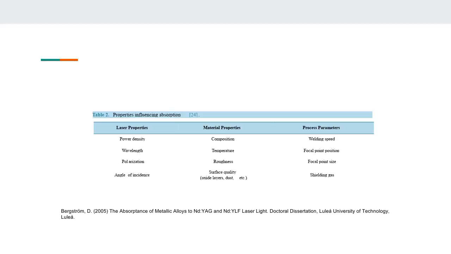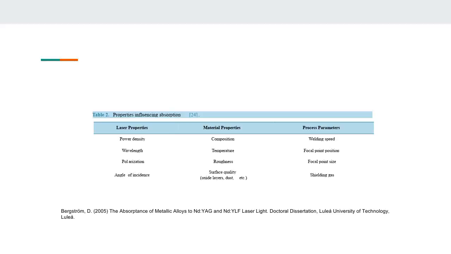The laser properties which influence the absorption rate include power density, wavelength, polarization, angle of incidence, and the material properties which influence the absorption process are composition, temperature, roughness, surface quality, which includes oxide layers and dust, etc. And the process parameters which influence the absorption process are welding speed, focal point position, focal point size, and shielding gas.